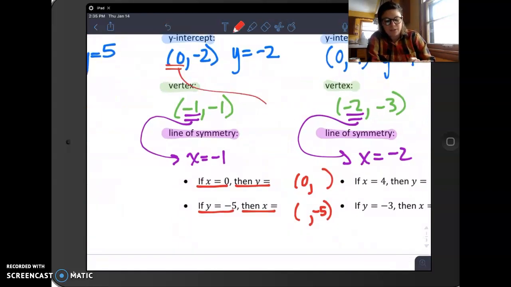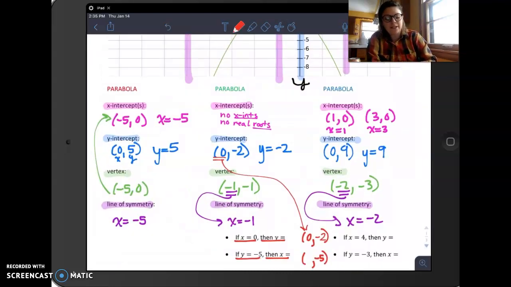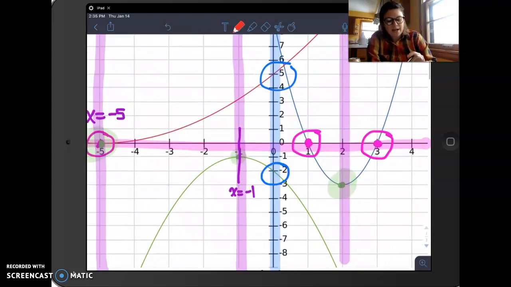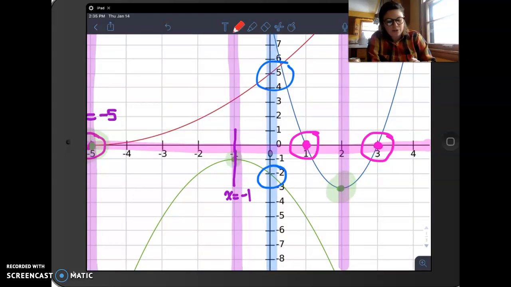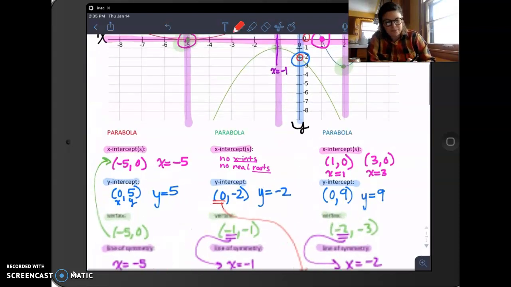So since we see that they have the same x, they would then therefore have the same y. The other way to look at that is that the y-axis is when x is equal to 0. And so where it crosses over the y-axis, that is where you want to find the value. So if x is 0, y is -2.